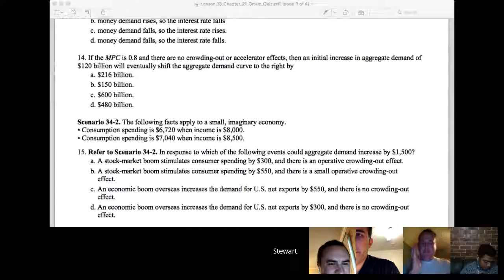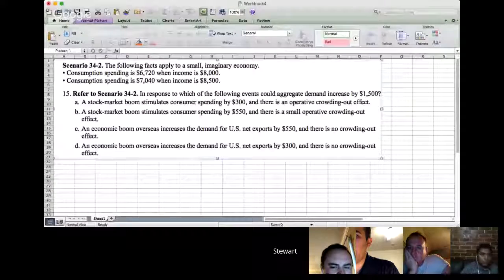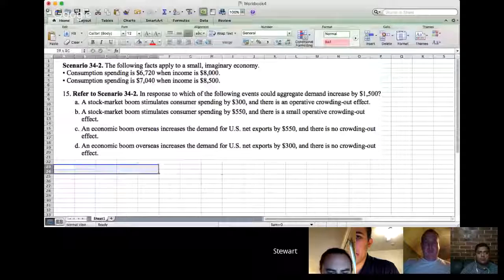Okay. Let me stop screen sharing and go to my spreadsheet. Some things really trip me up though, like the real GDP falling and then money demand increases. Those types of things trip me up. I do better on the math problems personally.